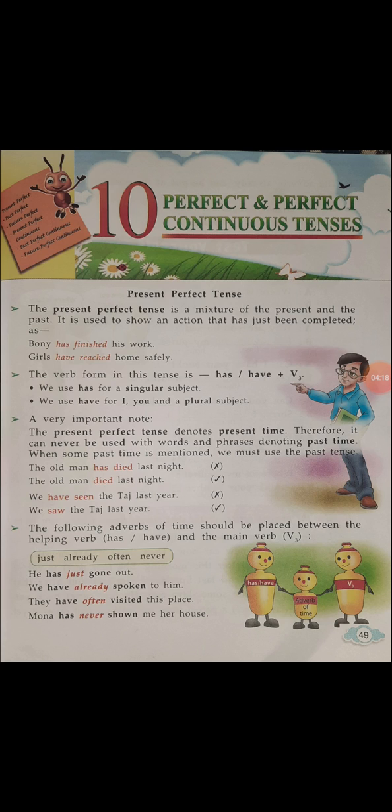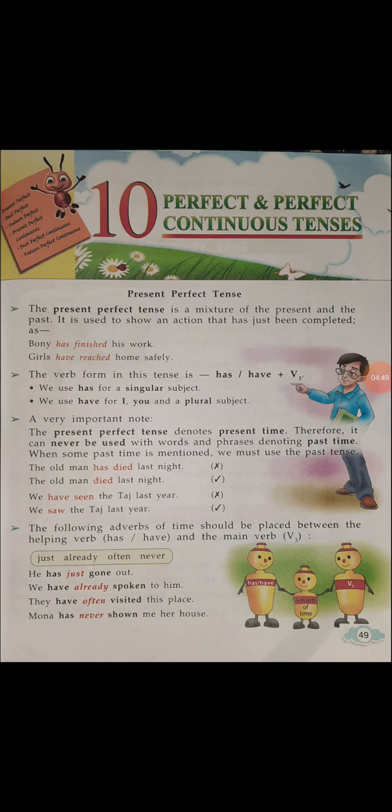Now, a very important note: the present perfect tense denotes present time. Therefore, it can never be used with words and phrases denoting past time. When some past time is mentioned, we use the past tense. Whenever you are writing the present perfect tense, you have to write in present time. Sometimes, when you have to use past tense, you cannot use has or have.